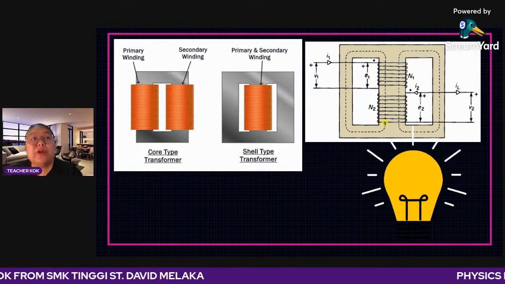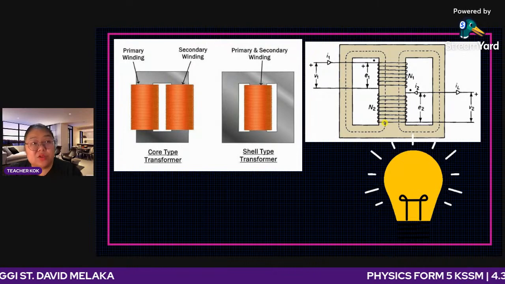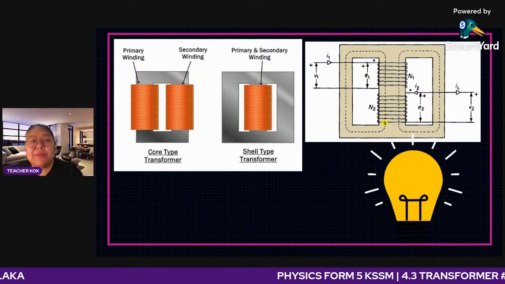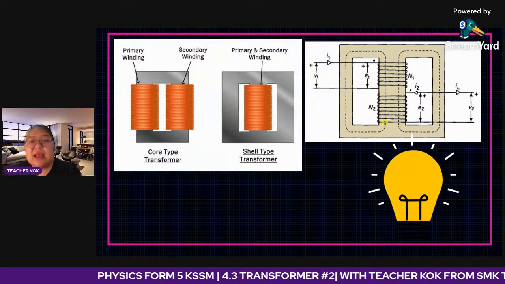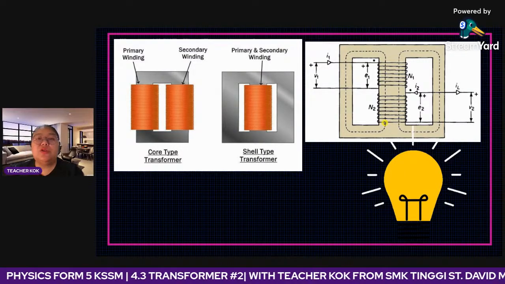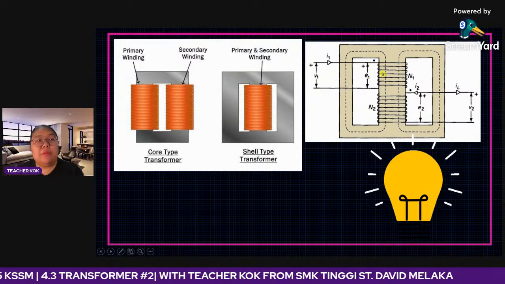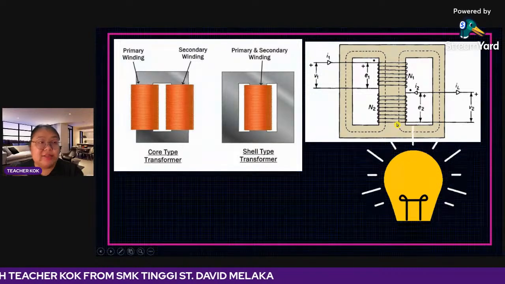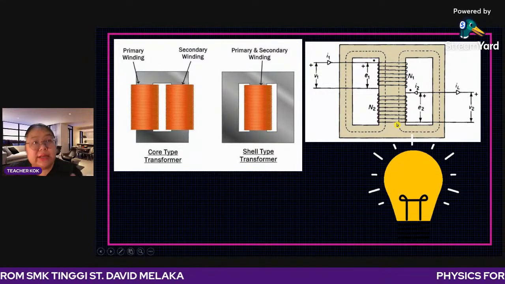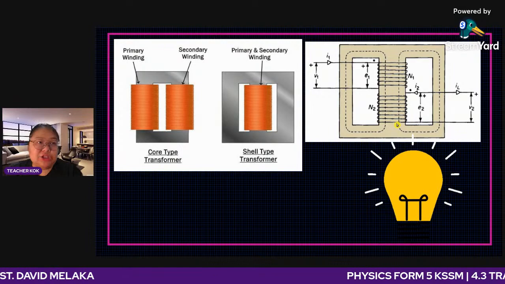So together, we use a laminated soft iron core: laminate is for eddy current, soft iron core is for hysteresis. And the last one is leakage. You must mention your primary coil must be bonded together with the secondary coil at the center. This can reduce the leakage of the heat energy.